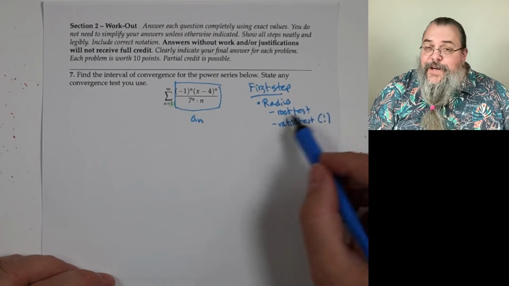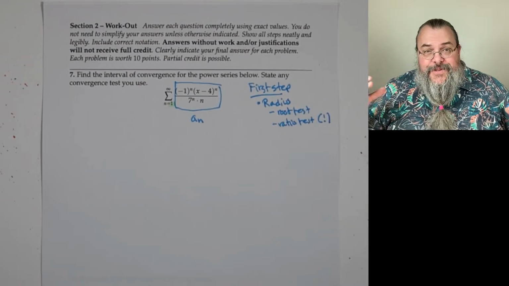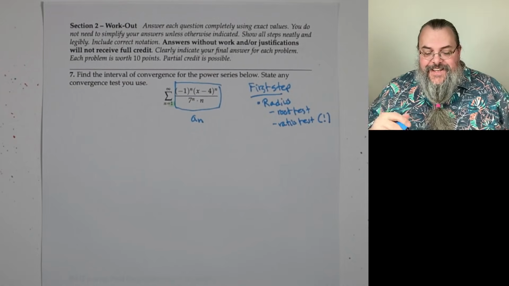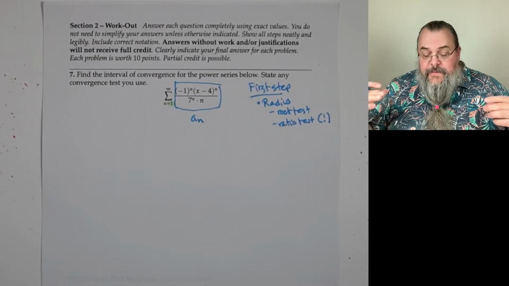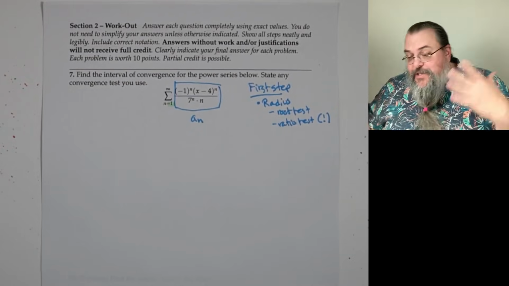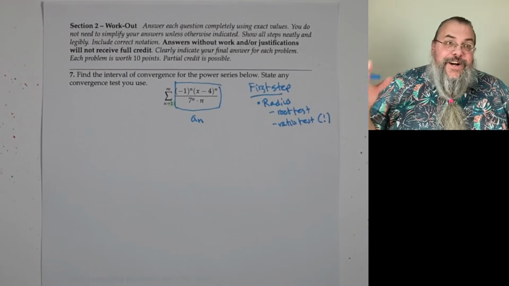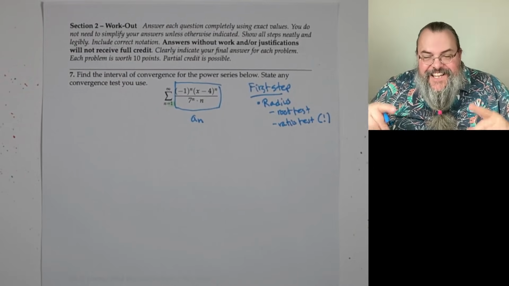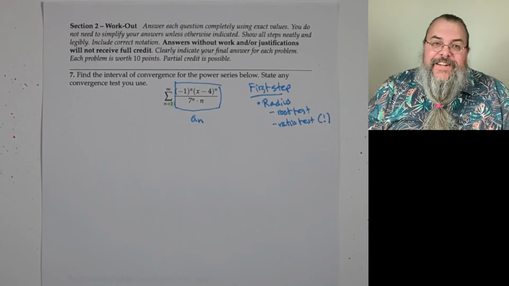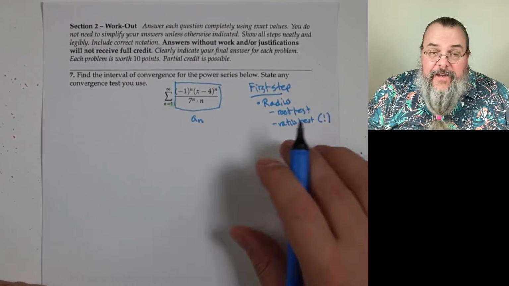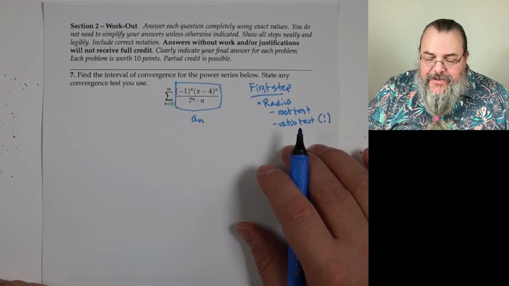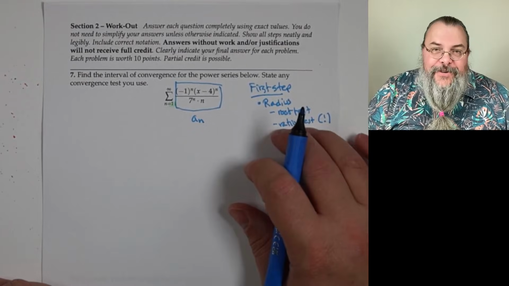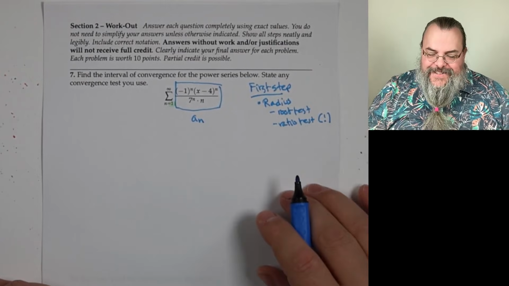If you don't see a factorial, I always suggest a root test. 95% of the time, the root test is the easier test to apply. Is 95% 100%? No, it is not. I do know how math works, but it's high enough that that's where we're going to go. Okay, so that's our direction. We're going for a ratio test. Sorry, a root test. I remember what I just said.